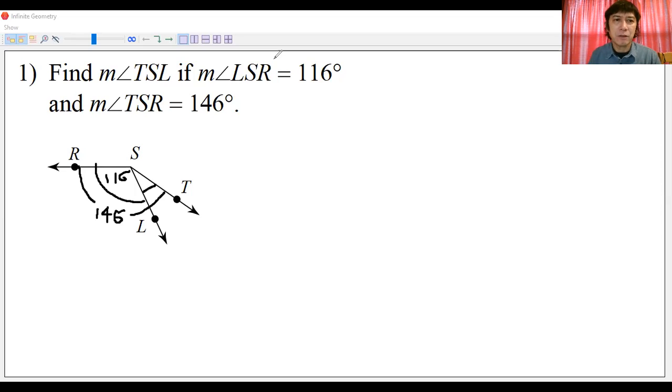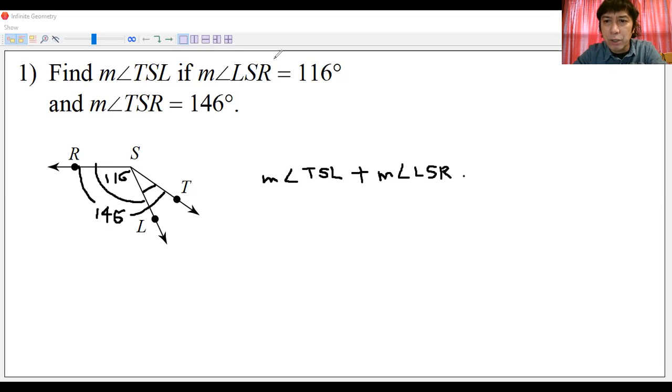Okay, so the way to solve this is set up the equation. We have the measure of angle TSL, and you can observe the diagram, plus the other angle LSR, the measure of the angle LSR.